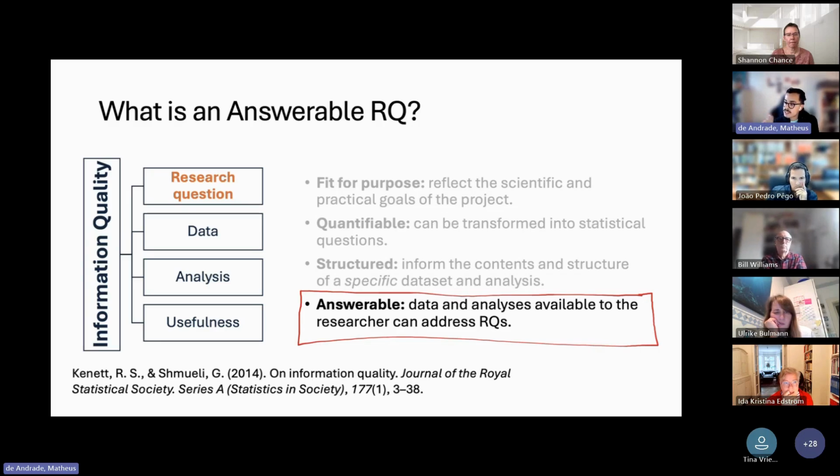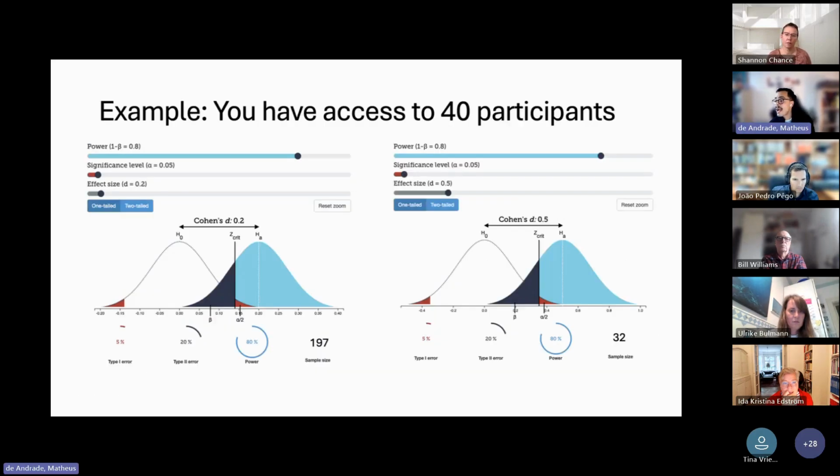And with that, you're acknowledging that type 2 errors can exist. I'm going to give you a practical example. Alex, if you could put in the chat the links for points 2 and 3, that would be really helpful.